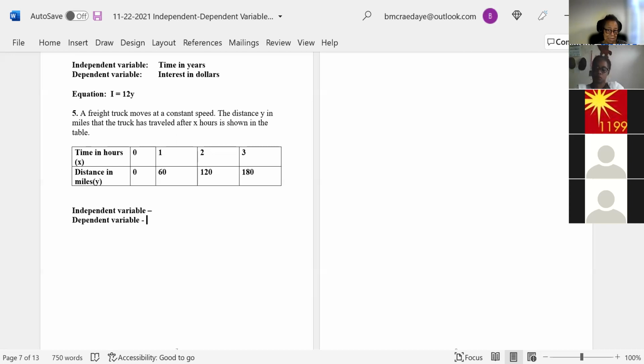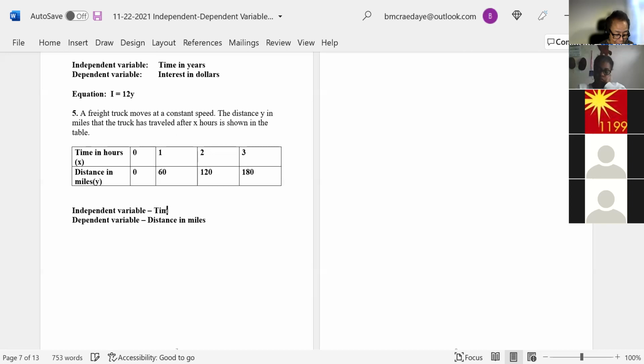What would you say, Maureen? The distance in miles. Yes, the distance in miles, Alva, is dependent upon the time in hours that the truck travels.